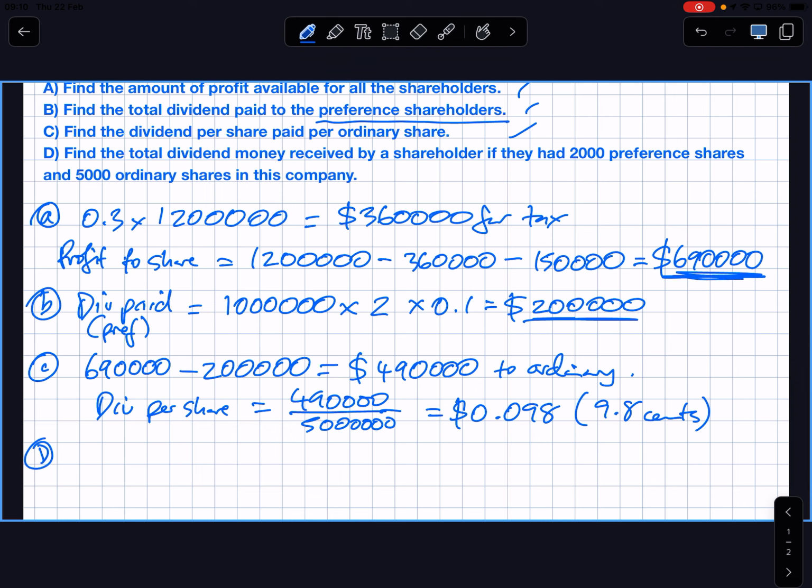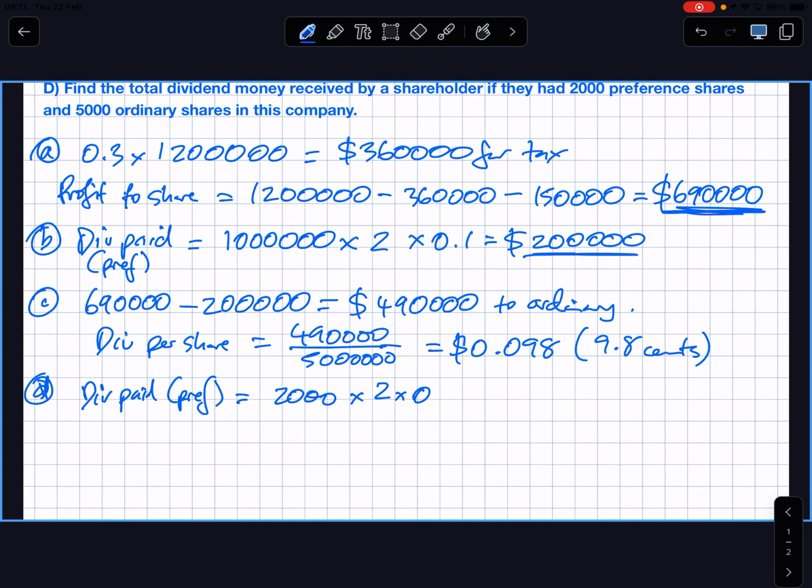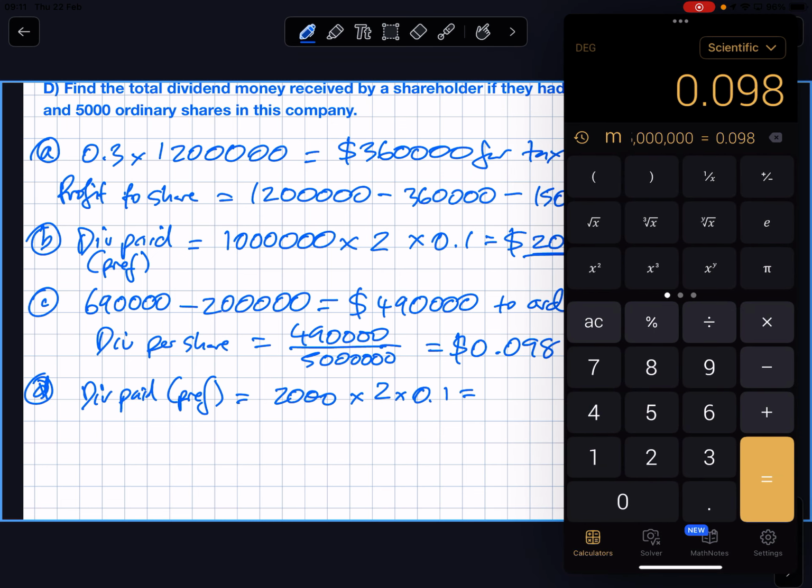D, so all of this was the whole company, but then D is asking you, find the total dividend money received by a shareholder. So we're going back and focusing on one person. If you had an ordinary shareholder that had 2,000 preference shares, so div paid for pref for this one person, they had 2,000 preference shares. They were $2 and they were 10%, which is a decimal 0.1. 2,000 times 2 times 0.1.